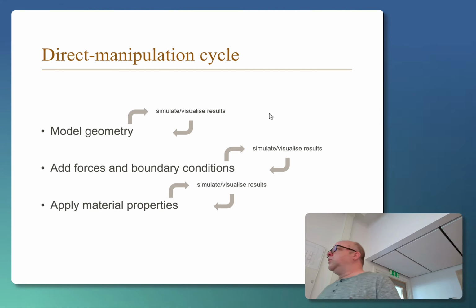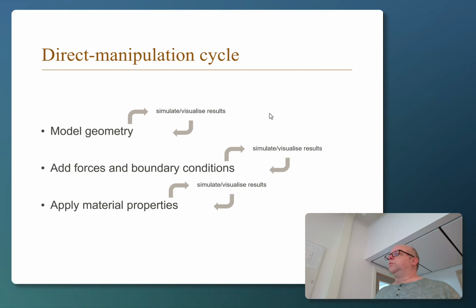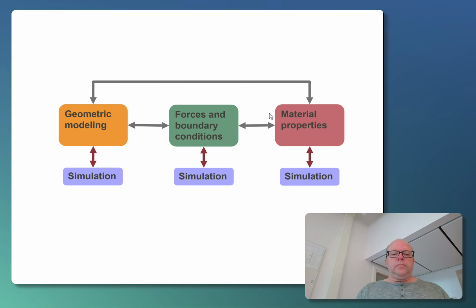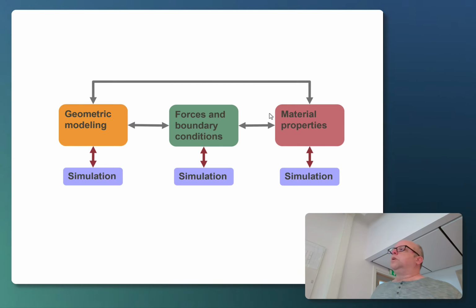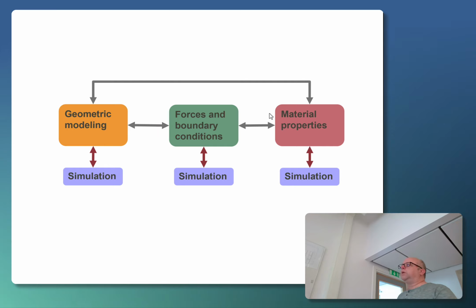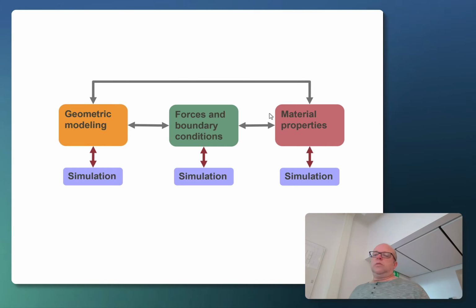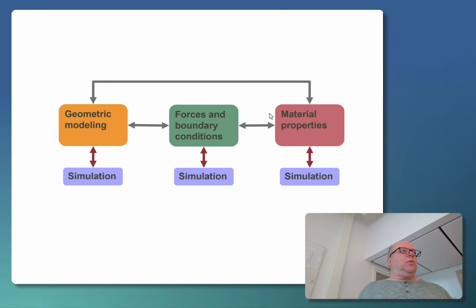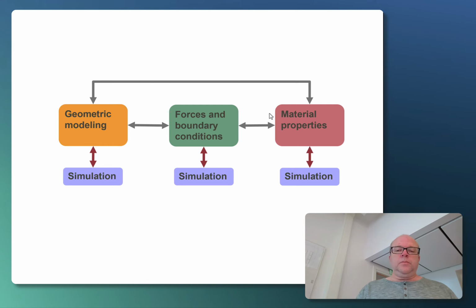Also, when you apply materials, you simulate and visualize results directly. So instead of going step by step, you always do the simulation in the background. And you can move between the different stages in your application seamlessly. And you always get results if the model is stable and can give you results.